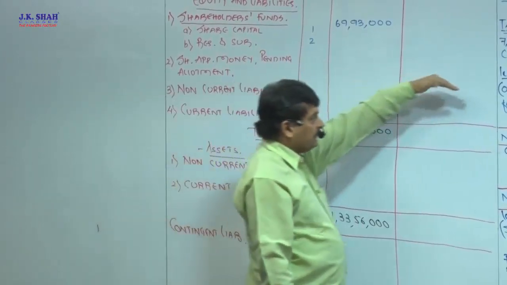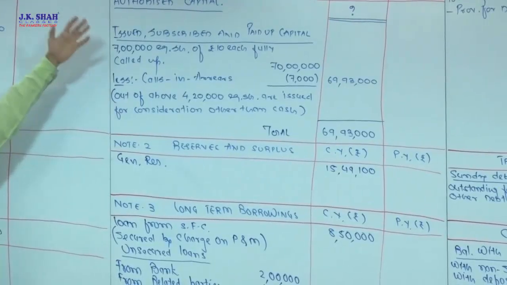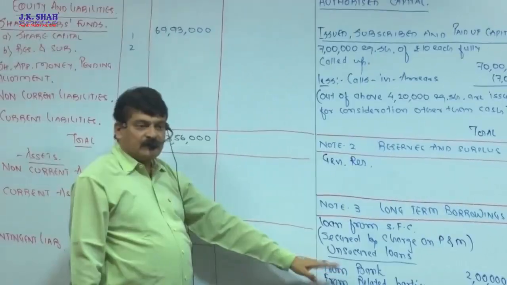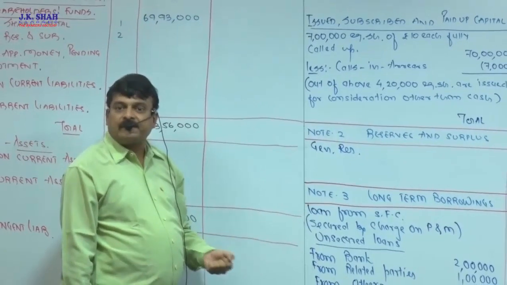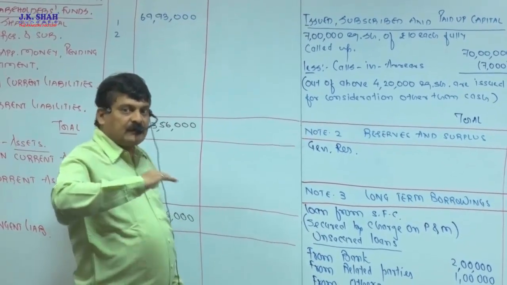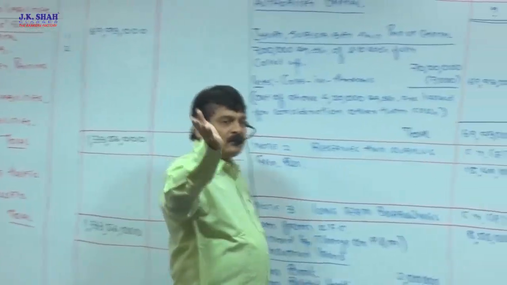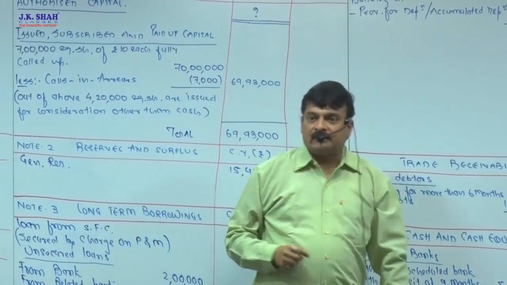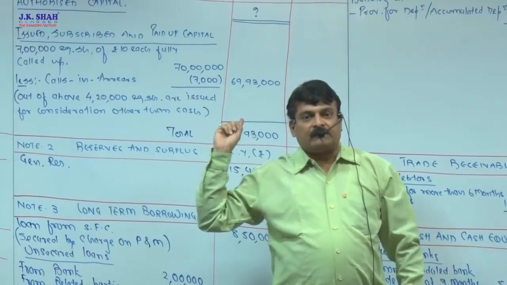You should know what is disclosure requirement, like writing authorized, issued, out of above, these disclosures, etc. It's a guideline for you to go for all future chapters, including the FM subject also. Tell me, everyone. Surely.